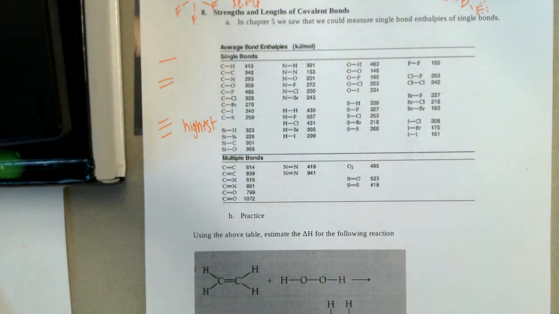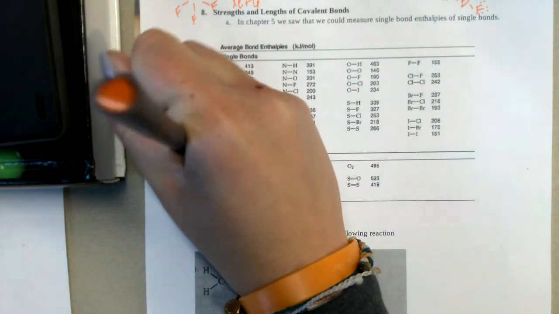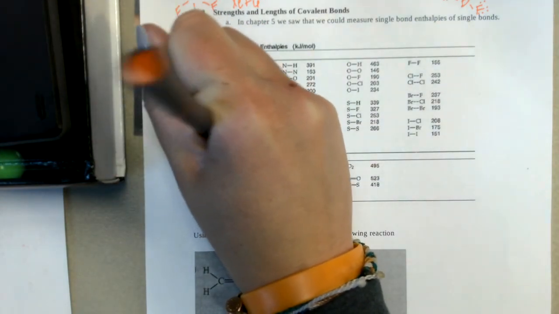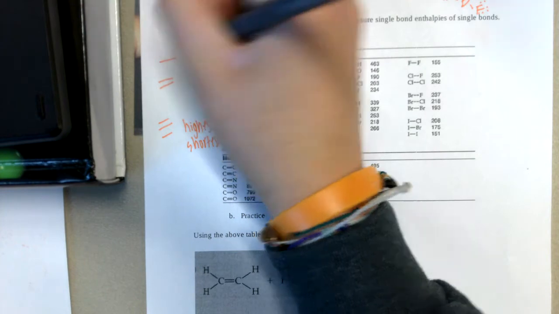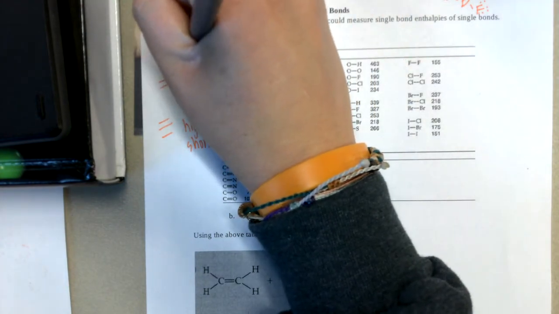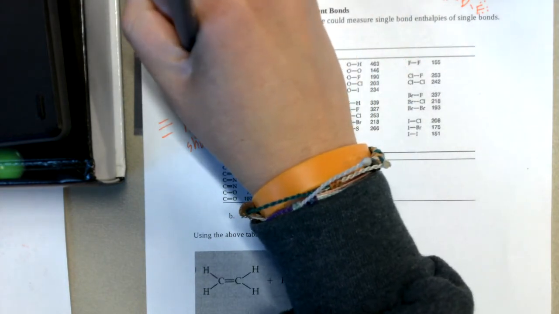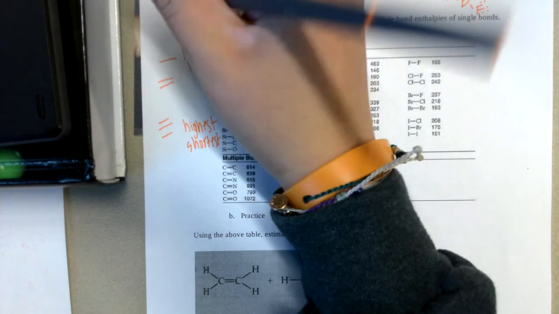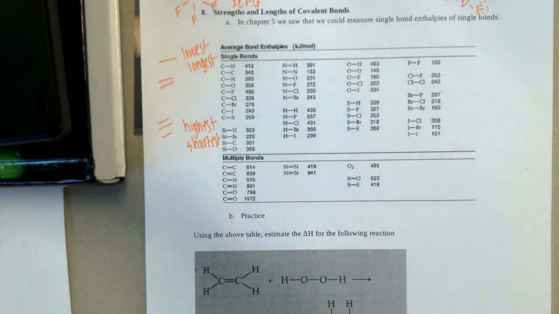So it's going to have the highest bond enthalpy, which means it's going to have the strongest bond between those 6 electrons, which also means if it's sharing 6 electrons, the space between the atoms is going to be minimized. So not only does the triple bond have the highest bond enthalpy, it's also going to be the shortest bond length. And then the single is going to have the lowest bond enthalpy and the longest length. And then obviously the double is just going to be somewhere in the middle.